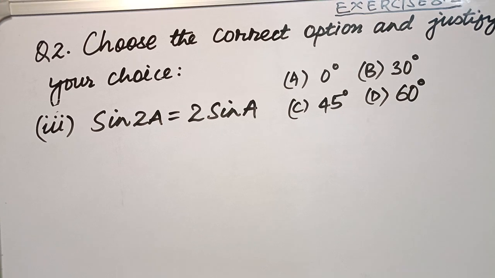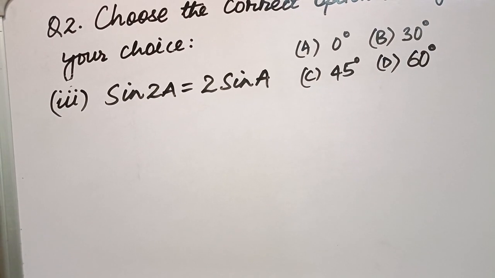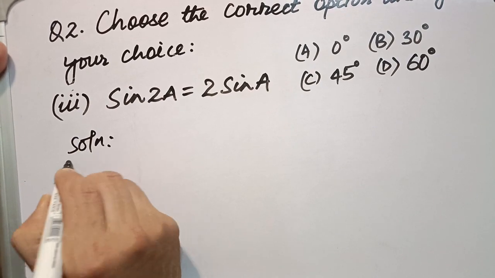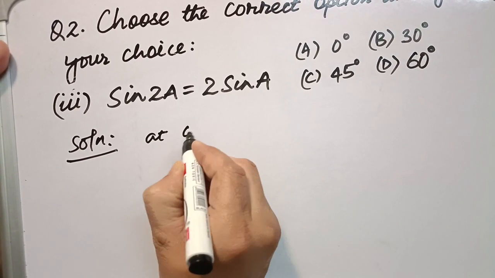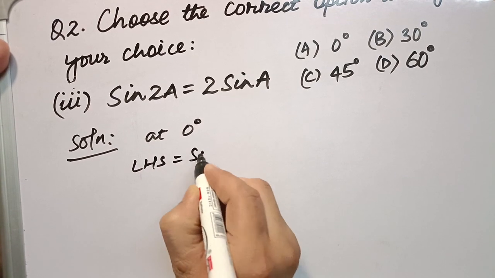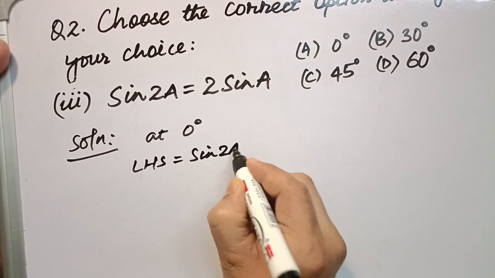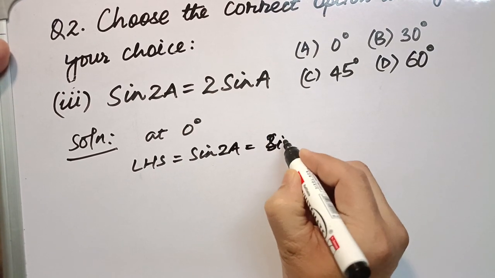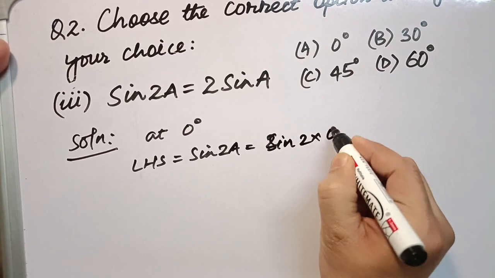Let us check at option A, 0 degree. At 0 degree, let us solve the left hand side, that is sine 2A, that is sine of 2 into 0 degree.